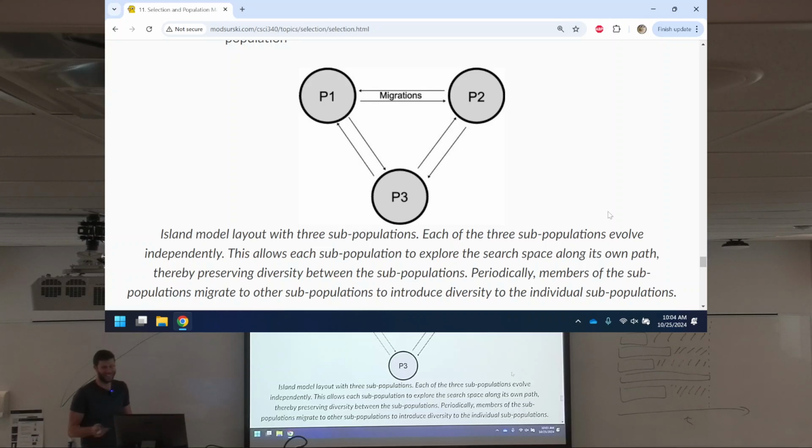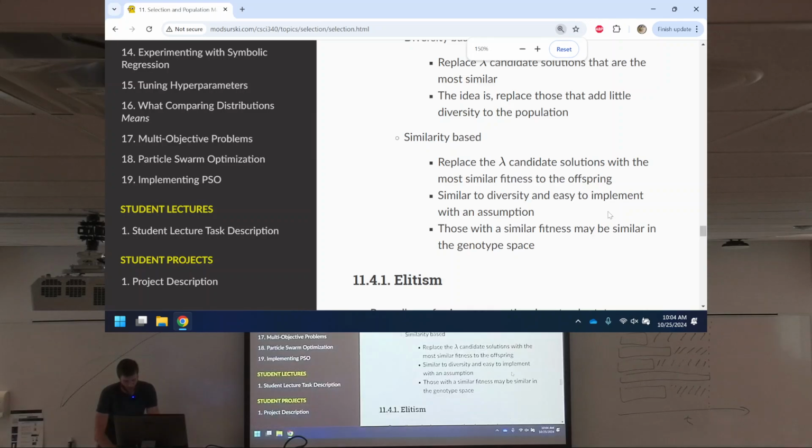Whenever I do my stuff, I will never only do 30. Never. I do at least 100, which isn't even a very big number. And then I get the results of the 100 runs, and then I do my comparisons after doing 100 runs. We'll talk about how to go about doing that.